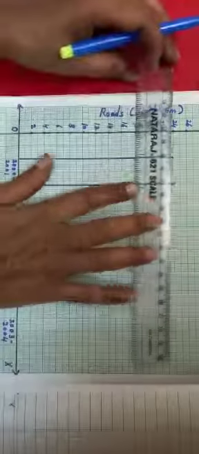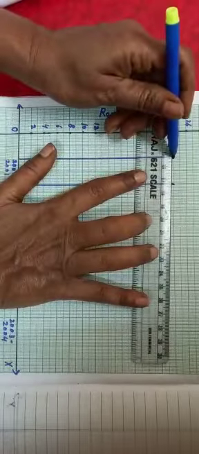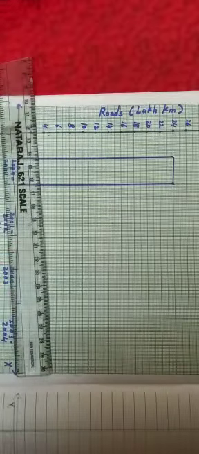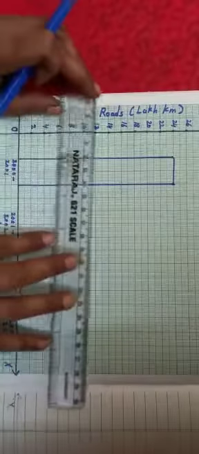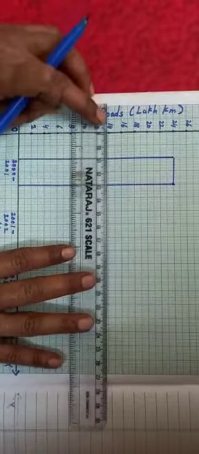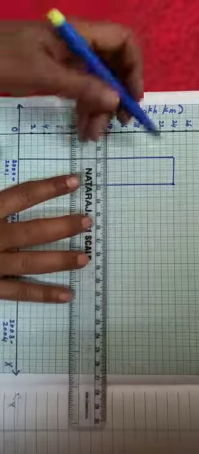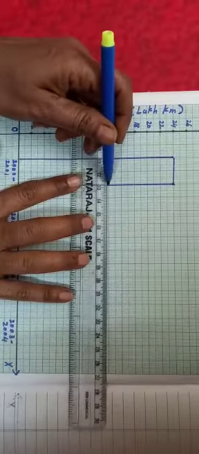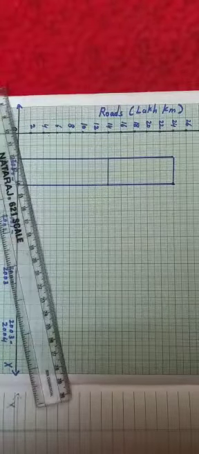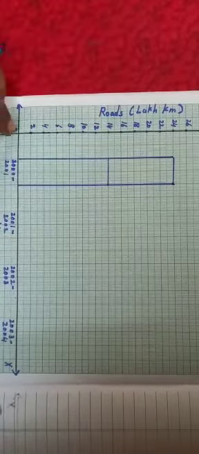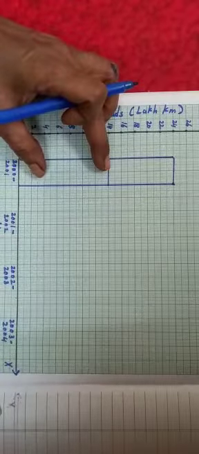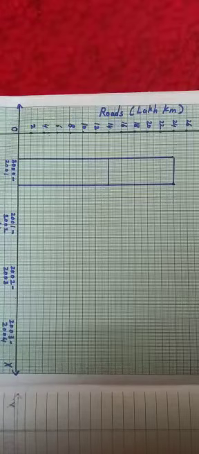Okay, 24 we have marked. Now permanent roads, 14. So here I will show 14. Okay, this is 14. So just mark like this. Now 14 from 0 to 14. This is permanent road.